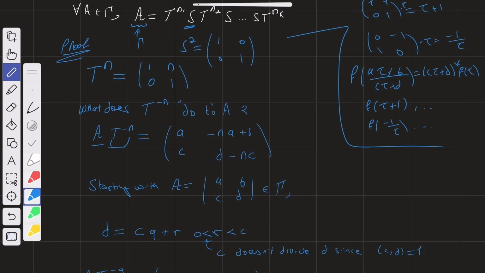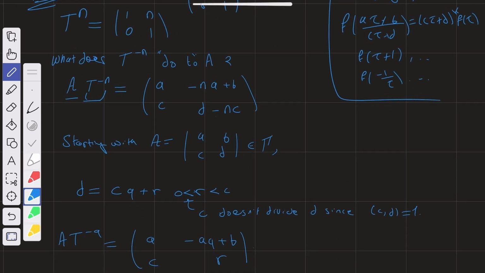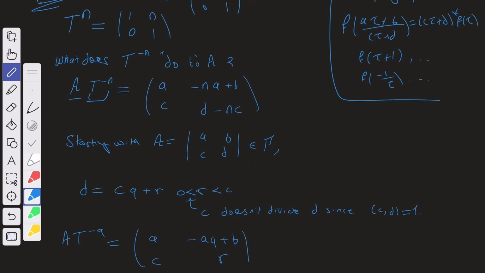Let's say A is (a, b, c, d), and T to the minus n is (1, minus n, 0, 1). When you multiply these two matrices, you get A and C untouched, and you modify the entries over here as such.